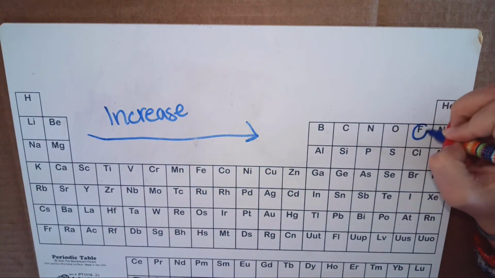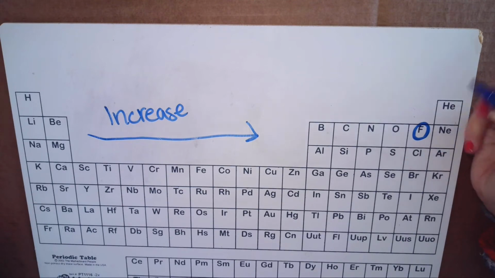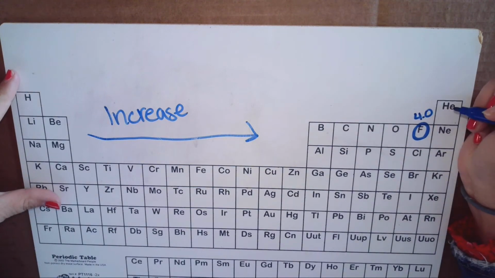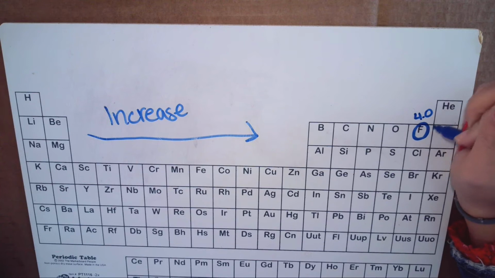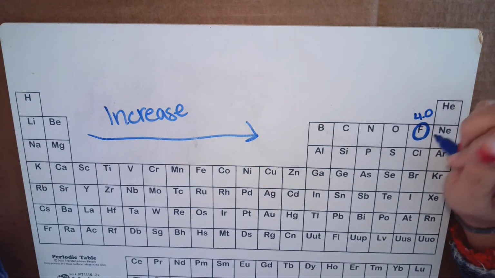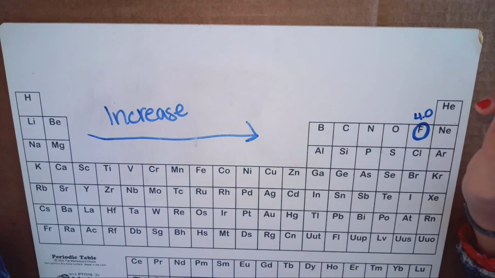Fluorine, look at F, everyone. What is special about F? It's got a 4.0. Does anybody else have a 4.0? No. Fluorine is the highest electronegative element. It has the most electronegativity.